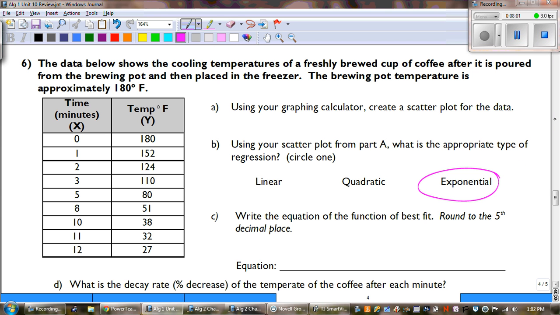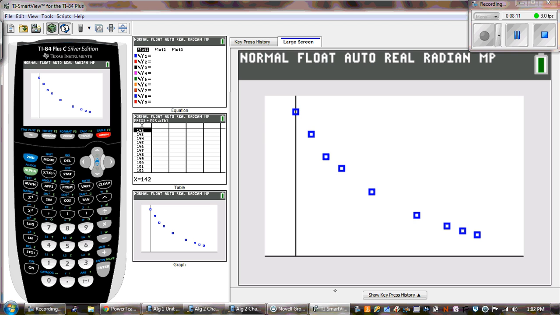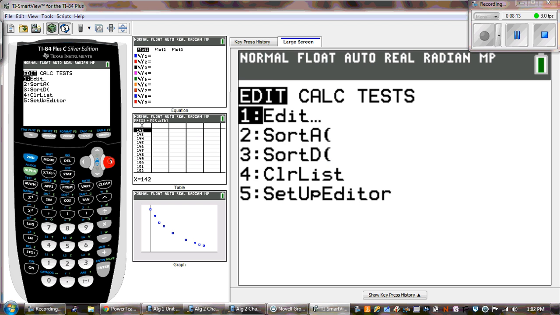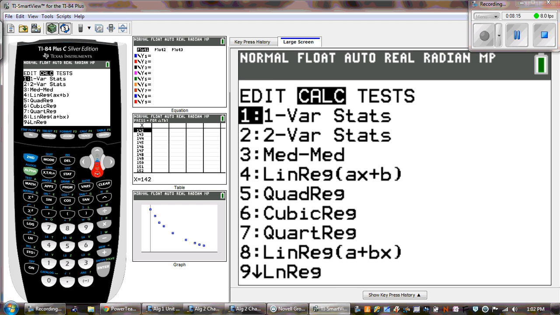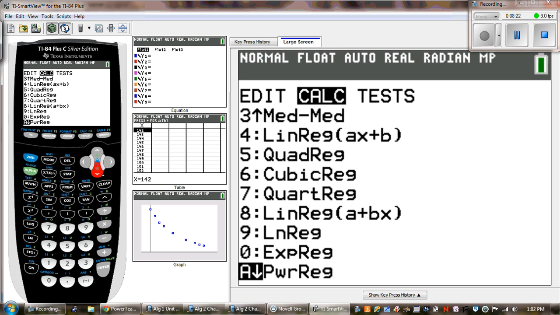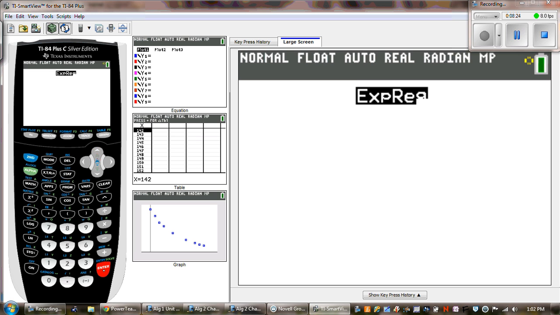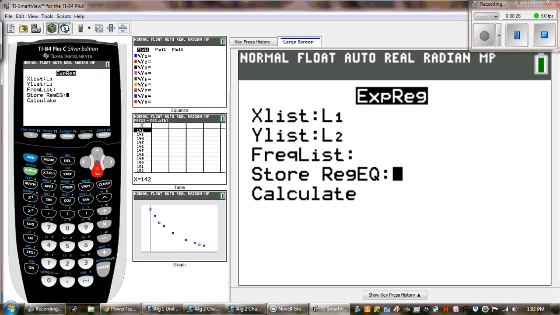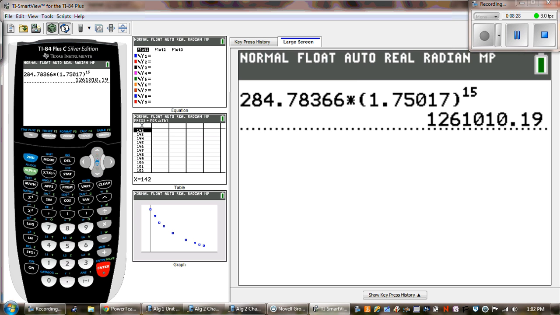Now, write the equation of the function of best fit, and we have to round to the 5th decimal. Okay, so we're going to hit stat, over to calculate, and go down to exponential regression, which is 0 on my calculator, and then just hit enter again.